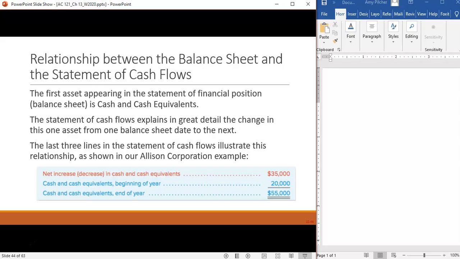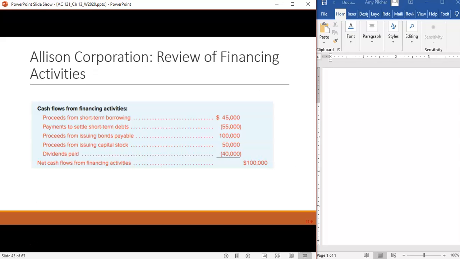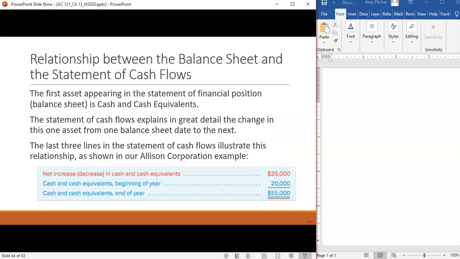We had a positive $50,000 from operating activities, a positive $100,000 from financing activities, and a negative $115,000 in investing activities. That gives us a net increase in cash of $35,000. That explains why we have a $35,000 difference in our cash account from one year to the next.